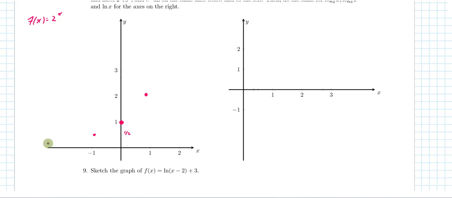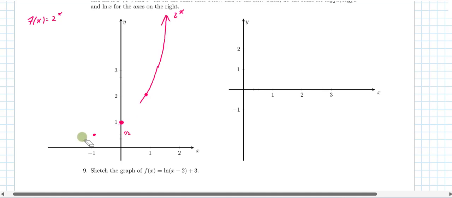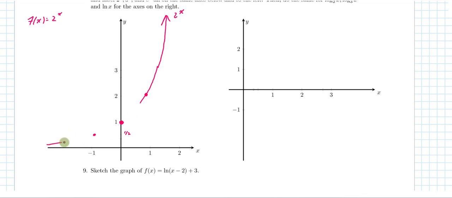And so now I can try my best to sketch the graph of 2 to the x. So here I've done my best to sketch the graph of 2 to the x. Notice that it has this horizontal asymptote here at y equals 0.